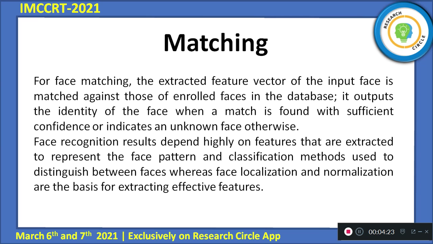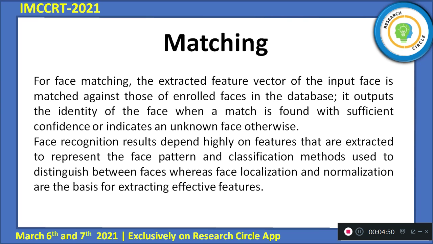For face matching, the extracted feature vector of the input face is matched against those of enrolled faces in the database. It outputs the identity of the face when a match is found with sufficient confidence, or indicates an unknown face otherwise.